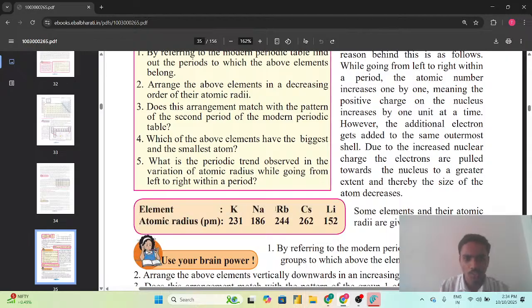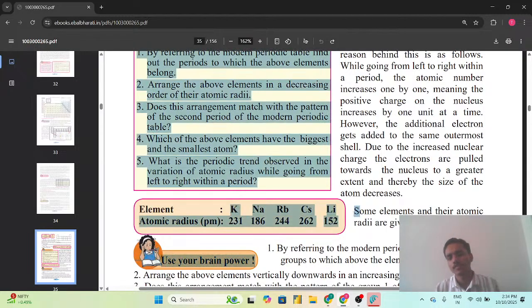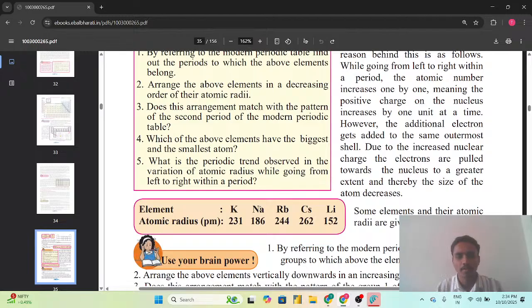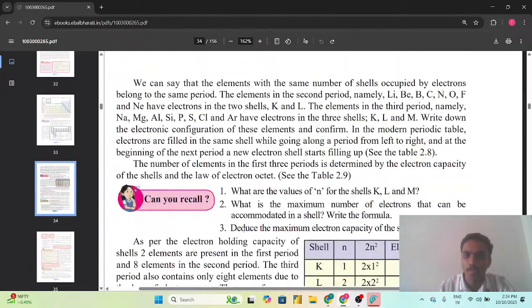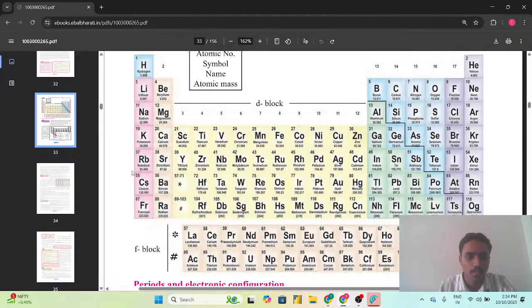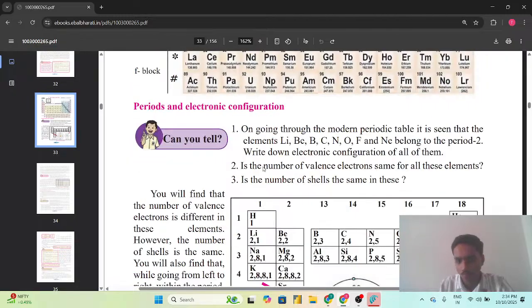So the atomic radii of some elements are given: lithium, sodium, potassium, rubidium, cesium. ये तो सारे एक ग्रुप के हैं। जैसा कि हमने यहाँ पर देखा कि हाइड्रोजन, लिथियम, सोडियम, पोटेशियम, रुबिडियम, cesium, francium, these all belong to the same group.